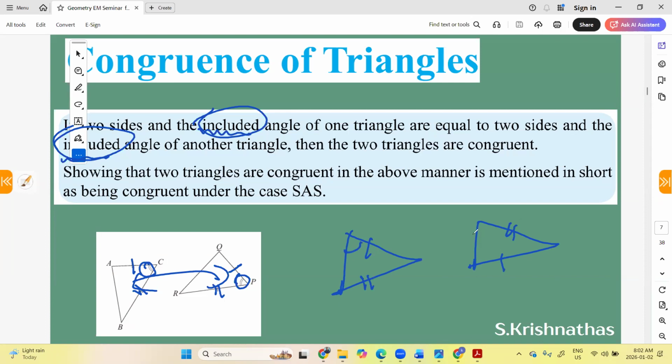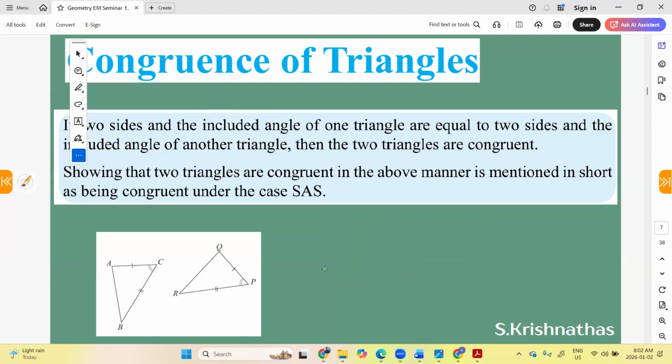If this angle equal to this angle, here the condition is two sides equal, then one angle equal, but these are not congruent. Why, students? These are not included angle. So, students, in the congruency condition, you must consider this word included angle. Right. Next.